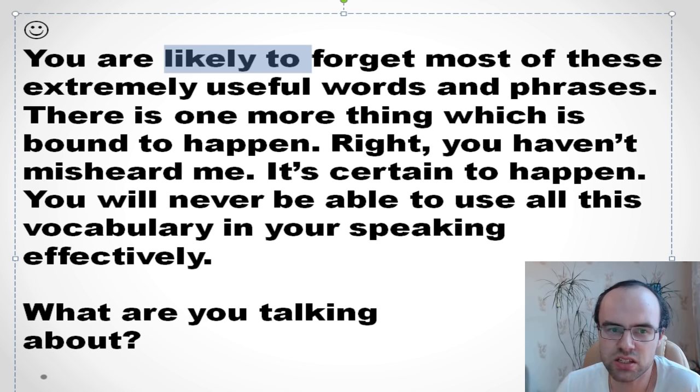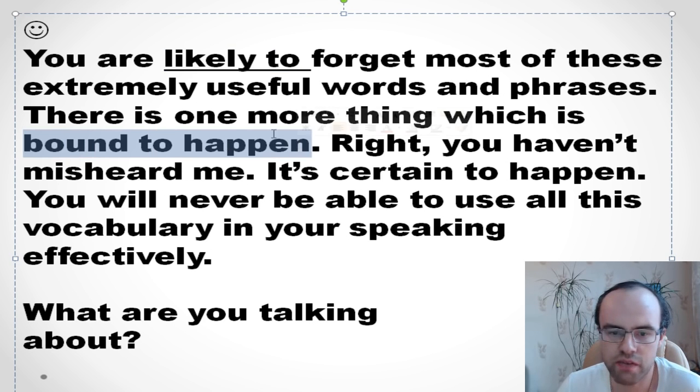It means that you'll really forget most of these extremely useful words and phrases if you only read them. There is one more thing which is bound to happen, right? You haven't misheard me.